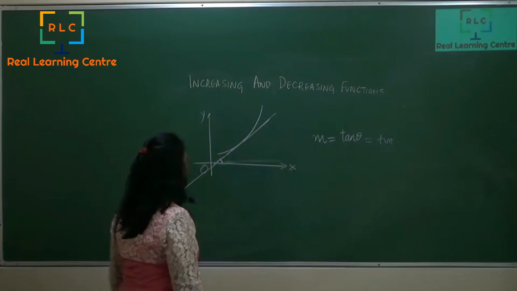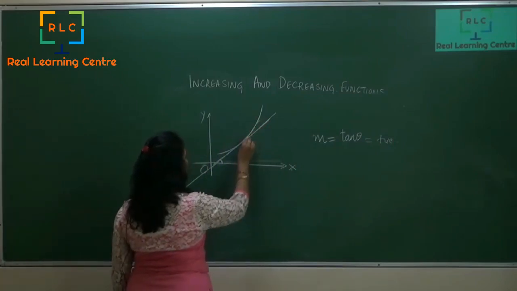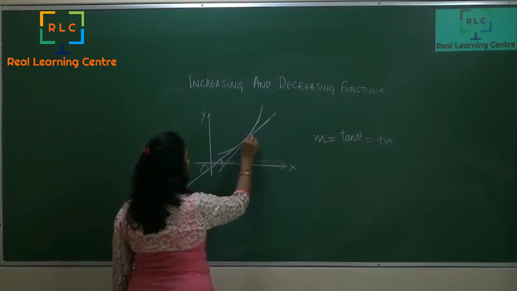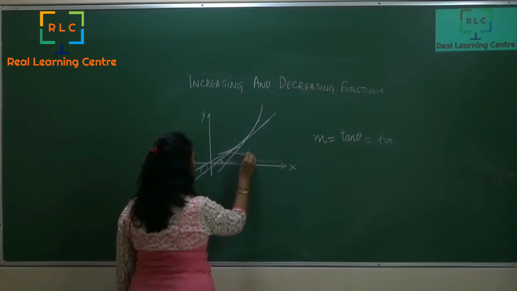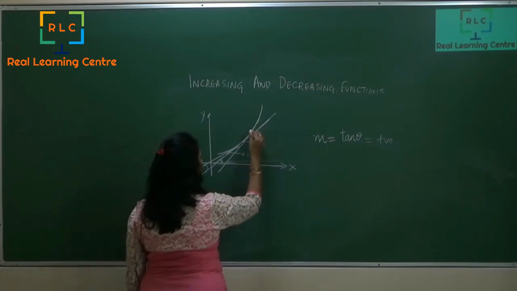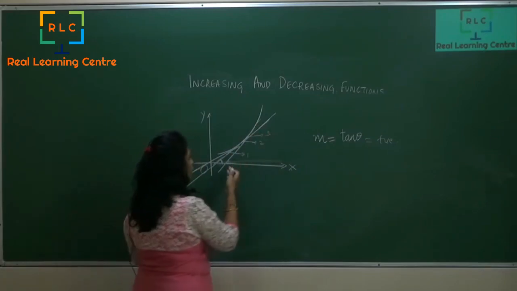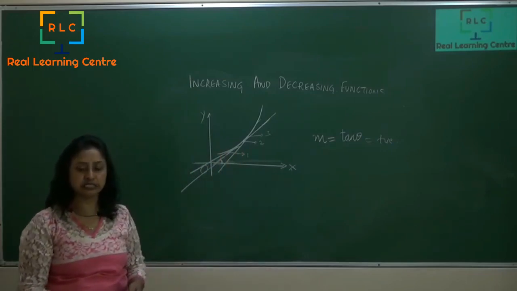Okay. Next I will continue like this, and then I'll continue like this. Then you see that the slope value will start increasing. Here when I take the tangent, it will be say 1. Here it may be 2. Here, in this position, it may be 3. So slowly the tangent value is increasing.